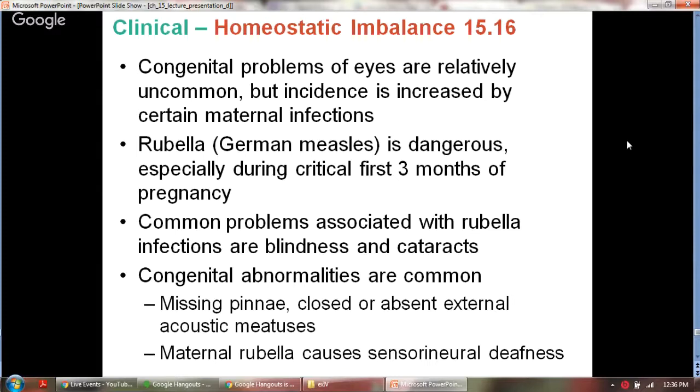Common problems associated with rubella infections are blindness and cataracts. And the congenital abnormalities are common related to the ear, such as missing pinna, closed or absent external acoustic meatus, and the maternal rubella can cause sensory neural deafness.